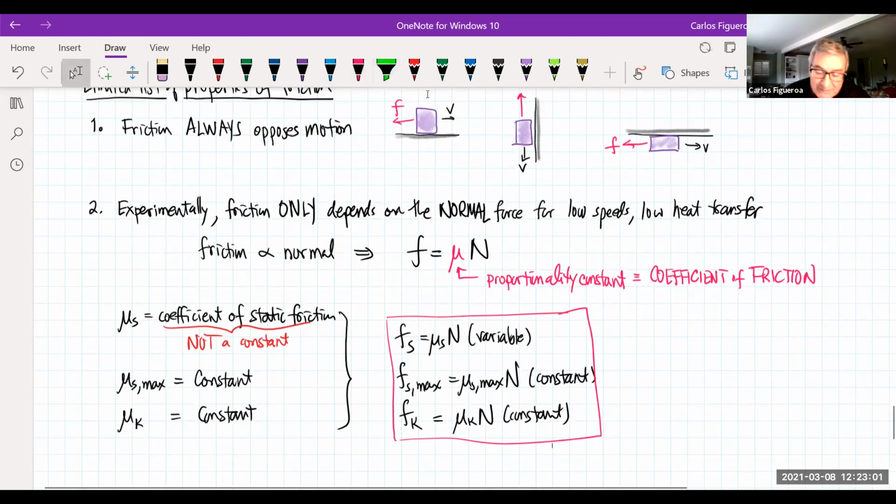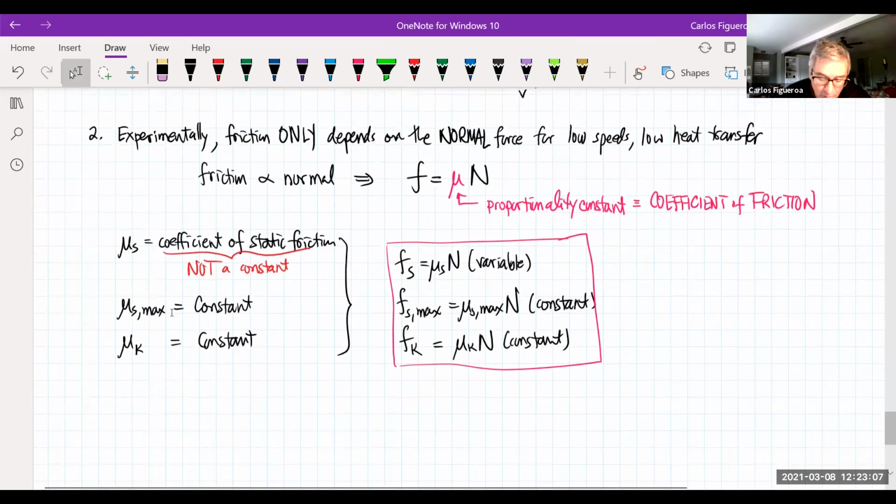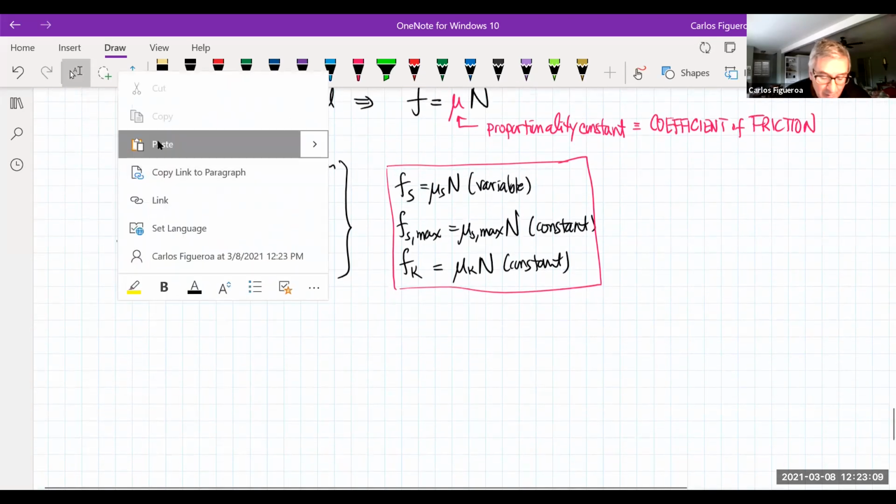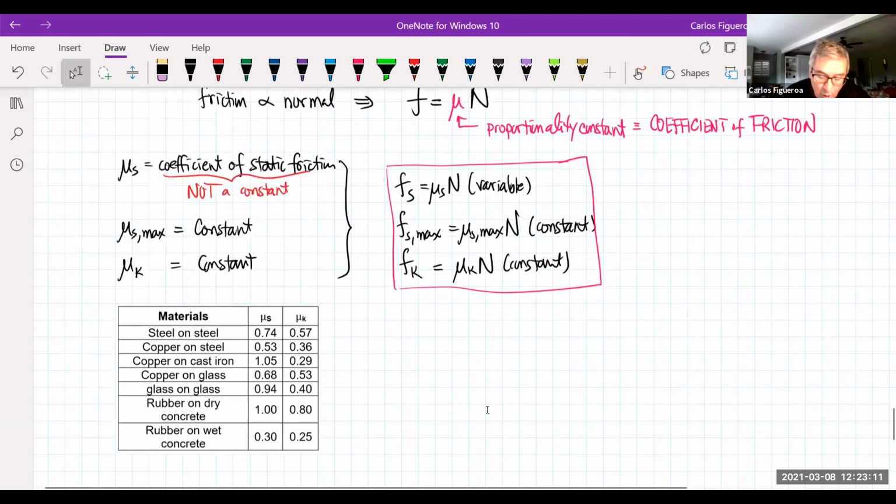To give you a sense of this, what people typically do is put down coefficients here. Now, look at this guy right here.